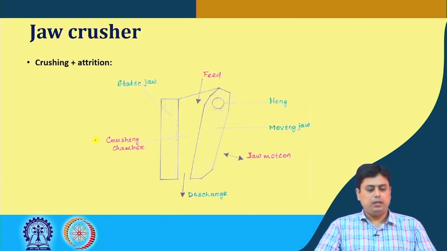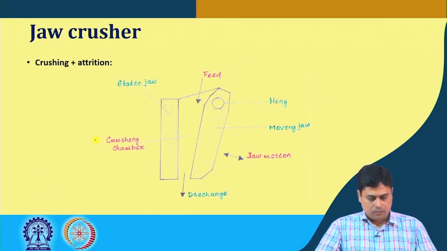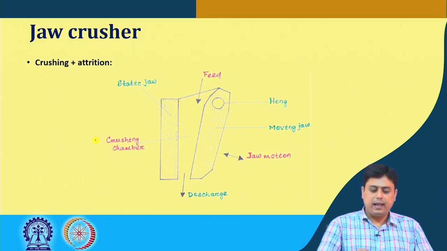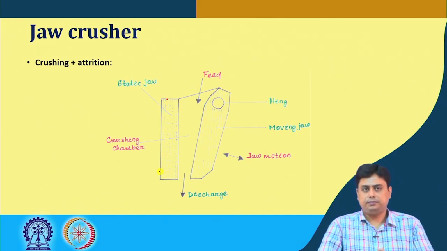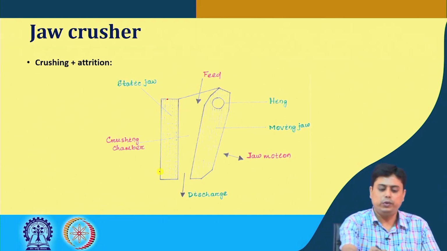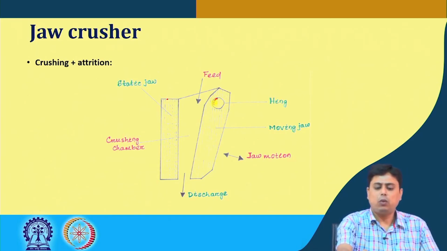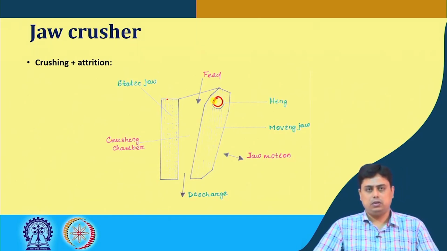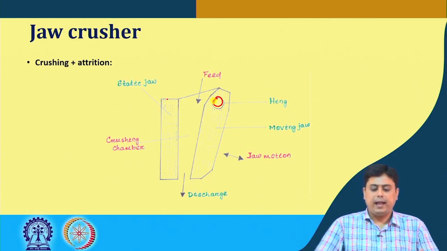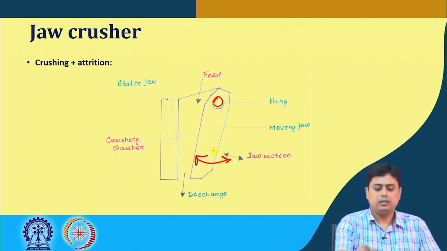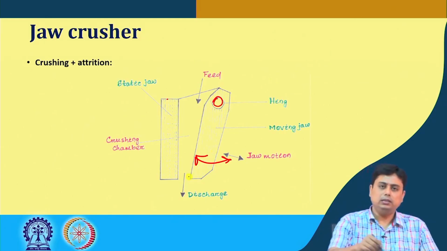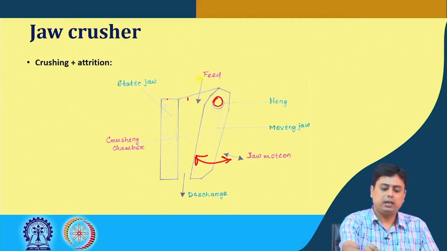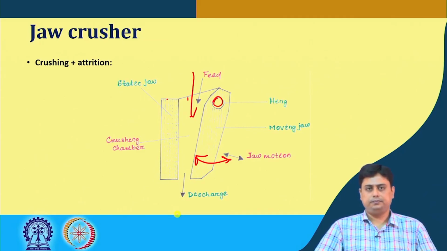So, for example, if we look at the jaw crusher, what happens here is that we have a static jaw. There are two solid surfaces in which one is fixed, the other one is hinged at the top side, and this has a jaw action which crushes the particles when the particles are fed from top and discharged through the bottom.